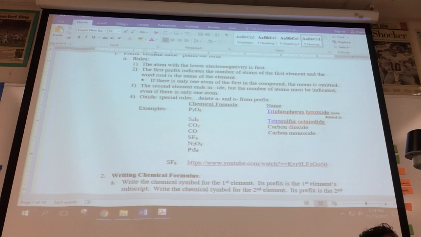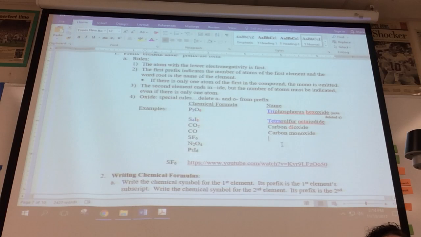Wait, for monoxide, if it was a different one and it didn't start with O, would you keep the last O on? Yes. He asked if you would delete the O if you had something else there like iodide, and you would keep the O in that case. You only delete the O or the A if you have oxide.